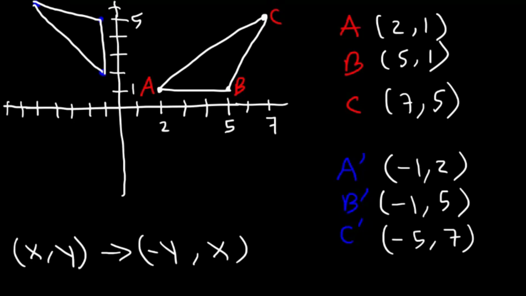So that's a rough sketch of what the new graph should look like. So this is A, this is B, and this is C. So it rotated 90 degrees in the counterclockwise direction.